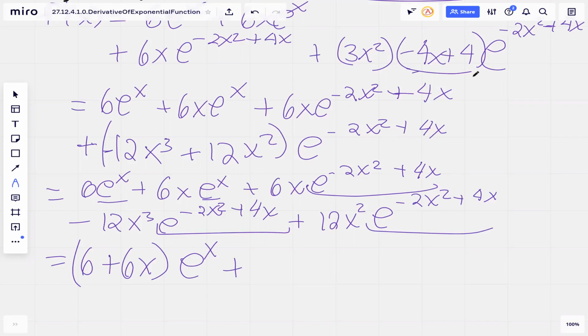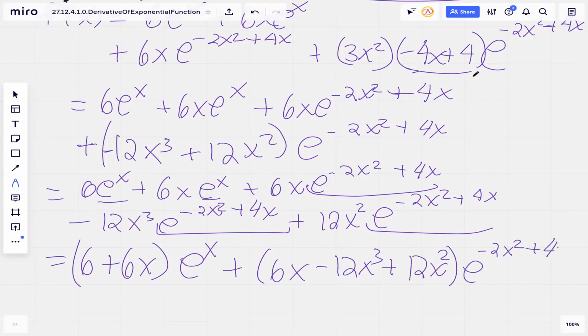That could also be common factor that we can factor out. So in which case we have 6x minus 12x cubed plus 12x squared times e to the negative 2x squared plus 4x. So this is one way to factor and write the final solution, but there are many ways.